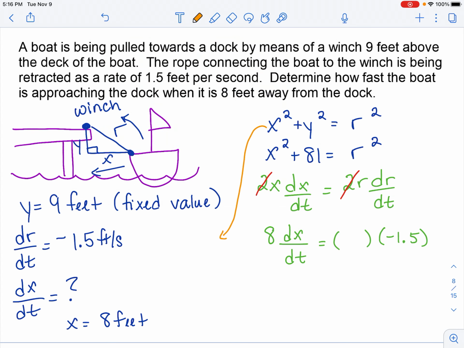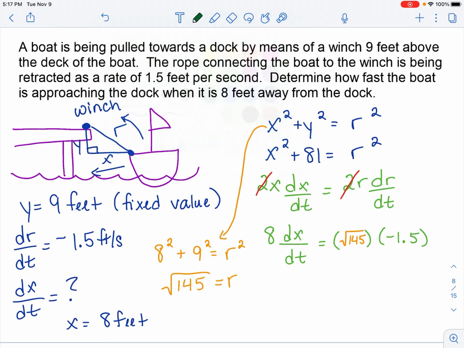So x squared is 8 squared plus y squared is 9 squared equals r squared. So r equals the square root of 64 plus 81, which is 145. We don't have to worry about reducing because we're going to give a decimal answer anyway. You are welcome to just leave it as is. That's going to fill in right here.